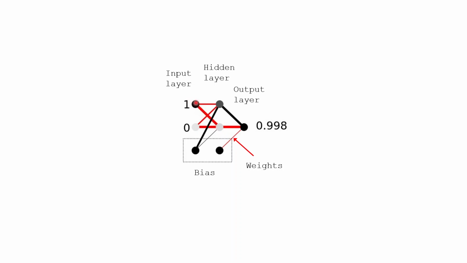The information goes from this node to this node via the weight. In this case I visualized it such that the thickness of the line indicates the value of the weight, so the thicker the higher. And if the color is red, it means it's a negative value.